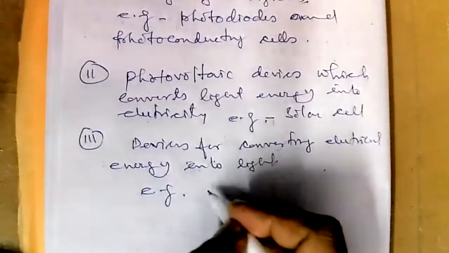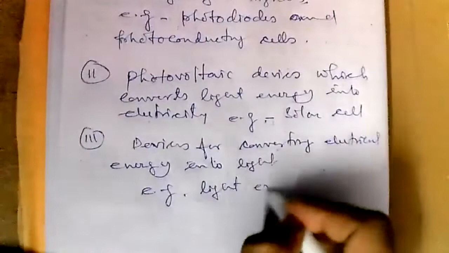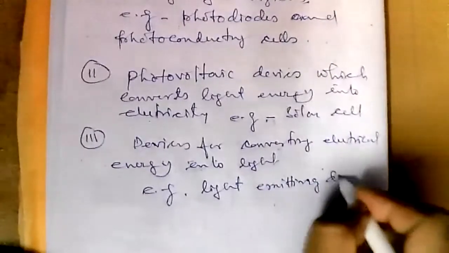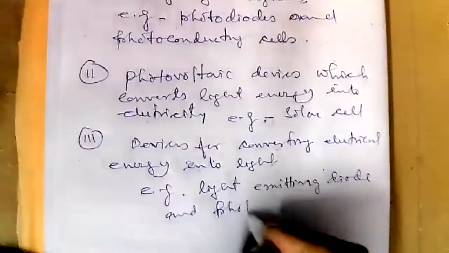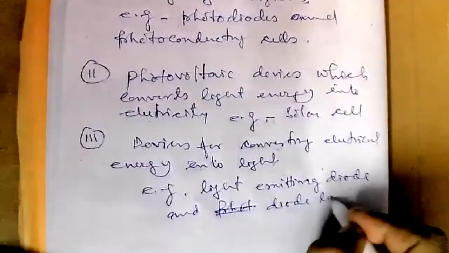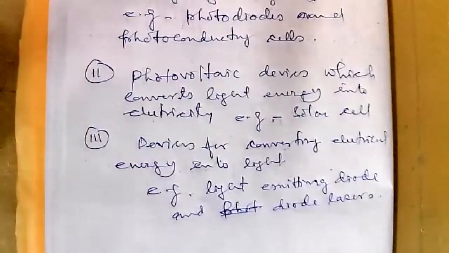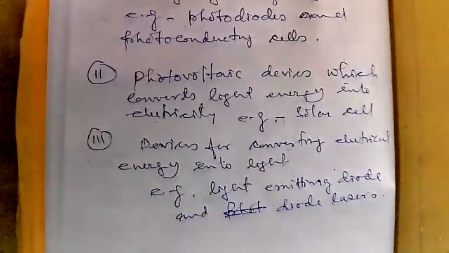Example: light emitting diode, LED, and diode lasers. So mainly three types of photonic devices are available.